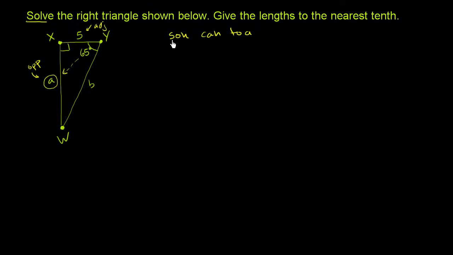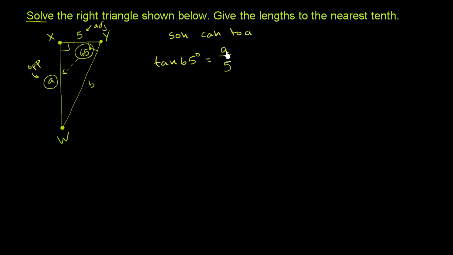SOHCAHTOA. Sine deals with opposite and hypotenuse. Cosine deals with adjacent and hypotenuse. Tangent deals with opposite over adjacent. So we can say that the tangent of 65 degrees is equal to the length of the opposite side, which we know has length A, over the length of the adjacent side, which they gave us in the diagram, which has length 5.